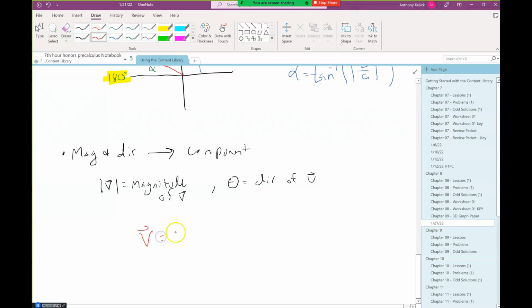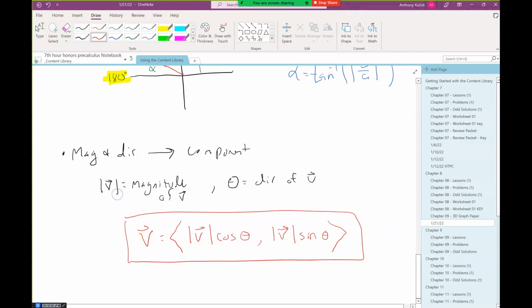Okay. So the component form is just going to be the magnitude of v times cosine theta, and then the magnitude of v times sine theta. Does that look familiar?